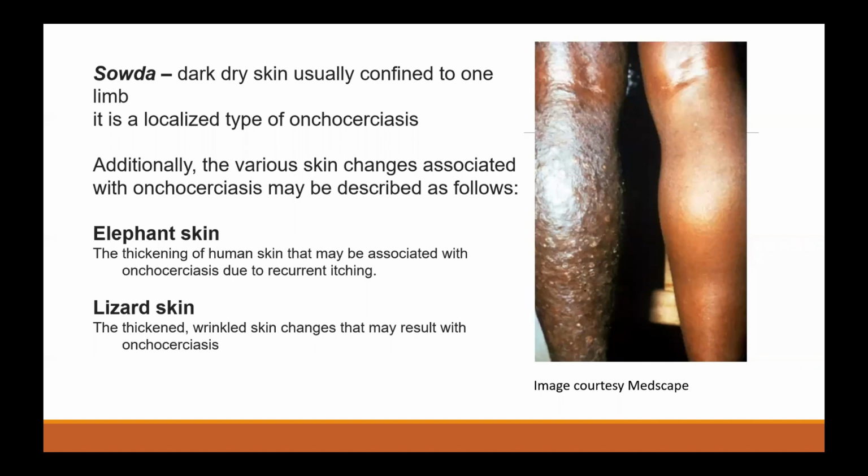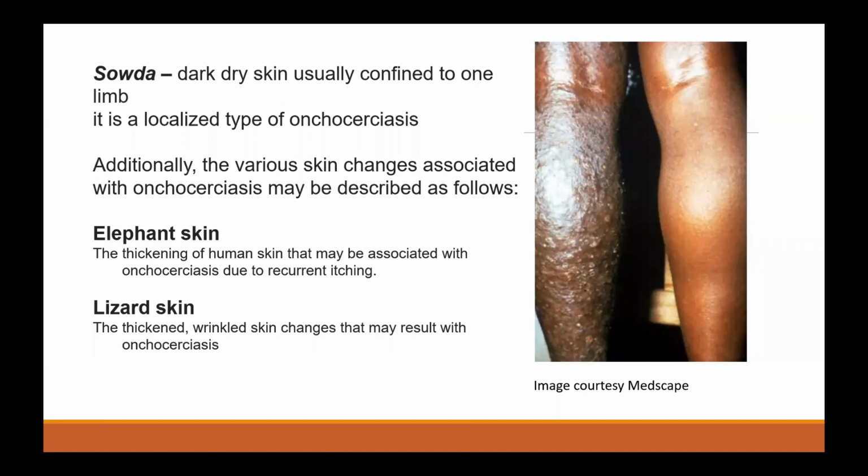And is it infectious apart from the bite? No, you cannot transmit onchocerciasis from one human being to the other without the aid of the black fly, which is why I said if you have a whole family having itching and rashes, you're more likely to think of scabies, because it's unlikely that everyone in the house will be bitten by the same black fly to have the disease at the same time.